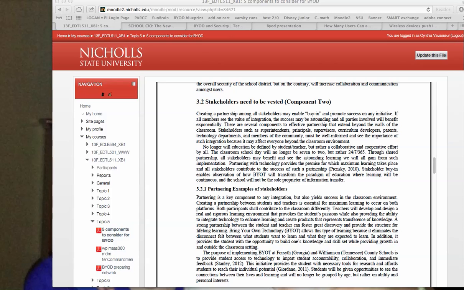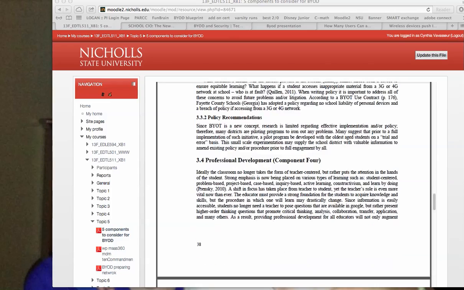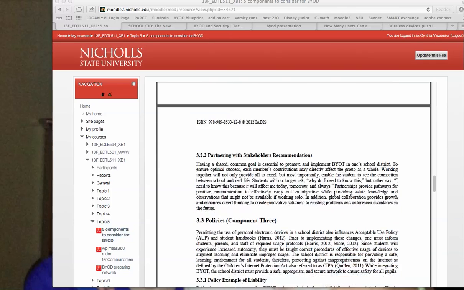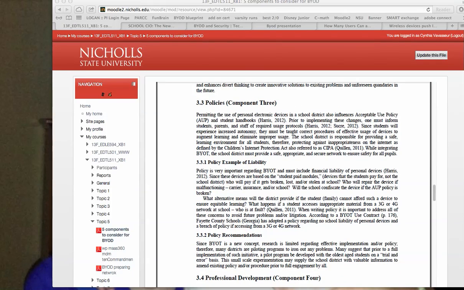Do you have a parent association? Do you have a person that's the leader of that you could get to help? Do you have, for example, in a charter school, community leadership that you need to involve in the stakeholder sharing? Okay, so after stakeholders, we're going to talk about policies.